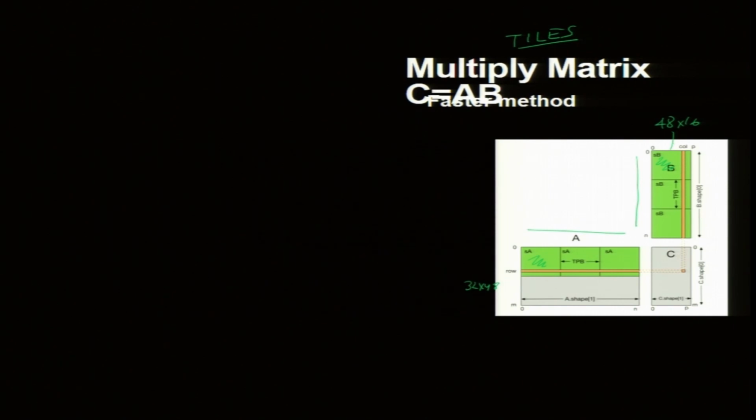But now, to get a value at Cij, I need to work with a bigger row or bigger column that cannot fit in shared memory. I can't make a big block for shared memory, because every block has its own limited shared memory. Also, the number of threads in a block cannot exceed 1024.